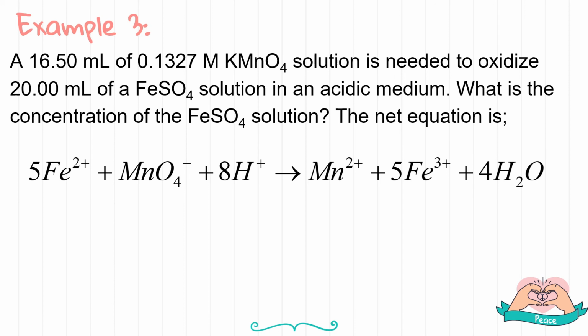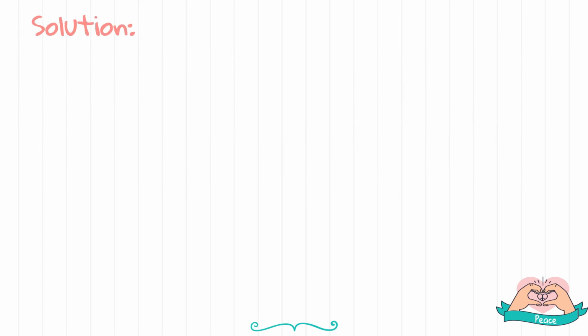What is the concentration of the FeSO4 solution? The net equation given is 5Fe2+ + MnO4- + 8H+ produce Mn2+ + 5Fe3+ + 4H2O. So how to solve this question?